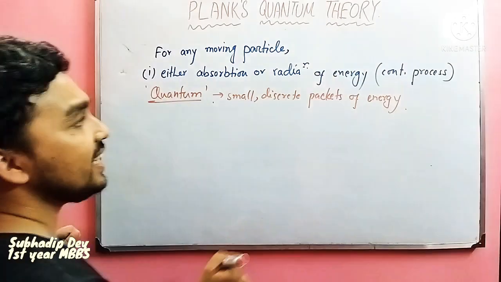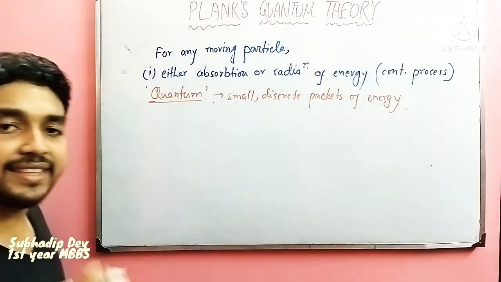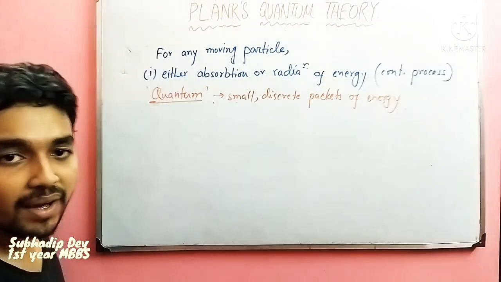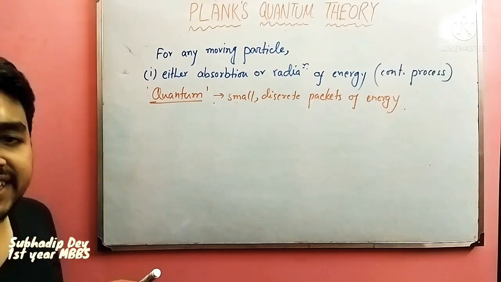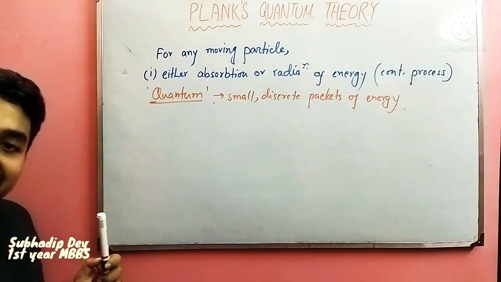So, the energy is absorbed or radiated in the form of small discrete packets, and those packets are called quantum. Let us take an example. For light energy, the quantum is photon. So, in the form of photons, light is absorbed or radiated.